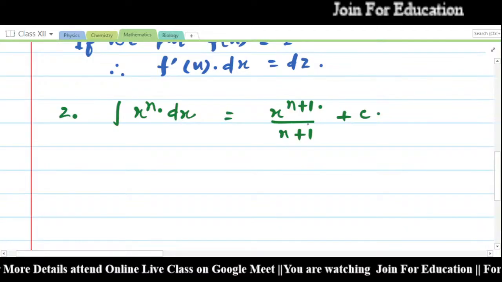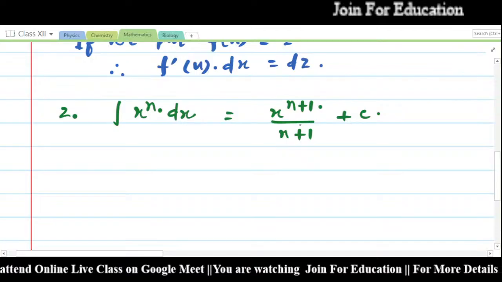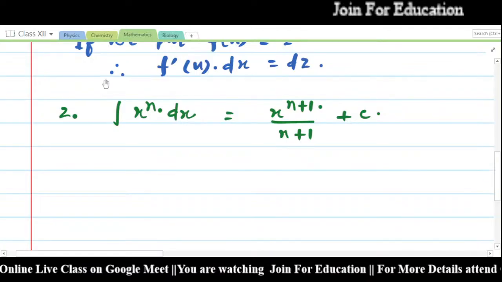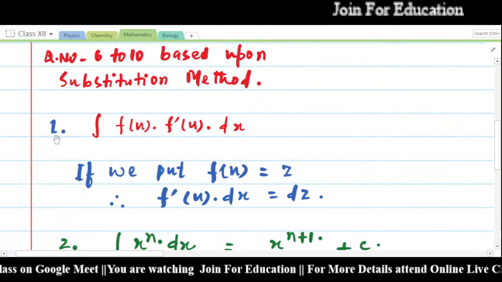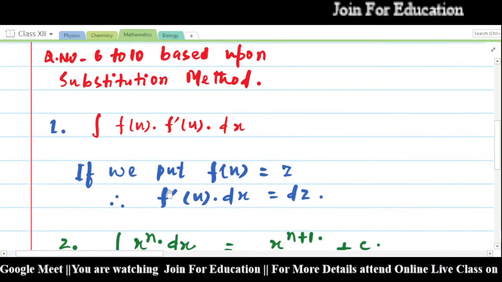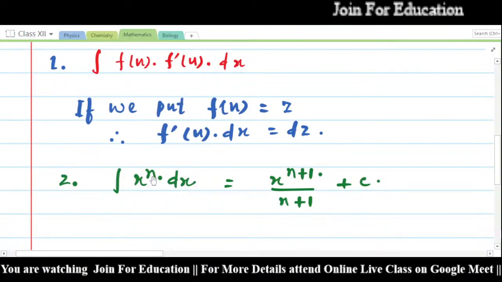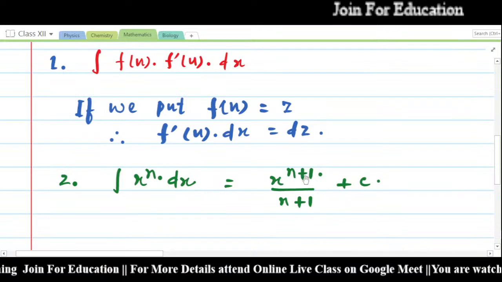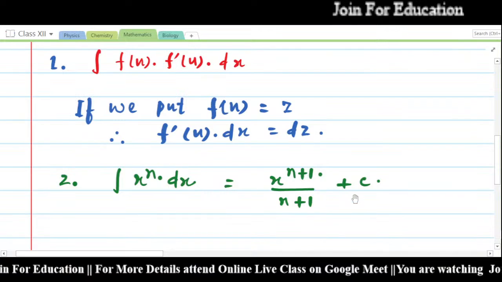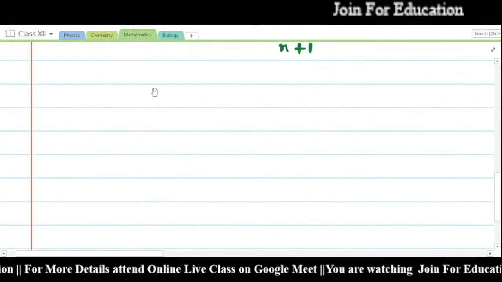These two methods will be used. Hope there is no problem to understand these two formulas. One is the substitution method and the other is the general formula of integration. So let's see question number 6.